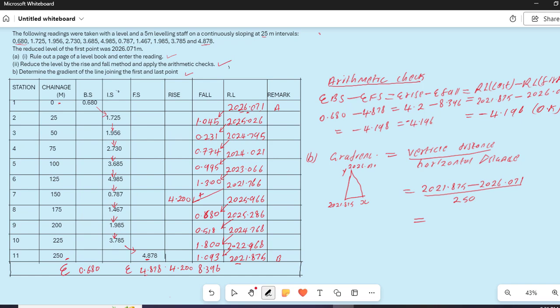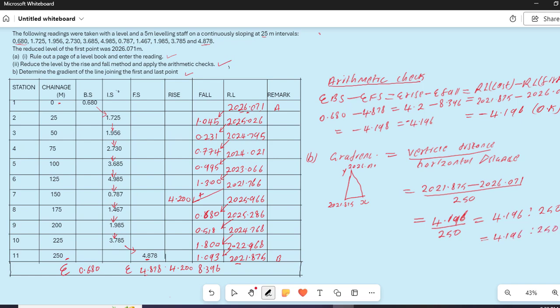For this case I will ignore the negative, so I have 4.196 divided by 250.